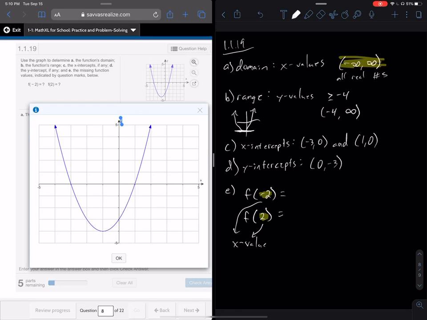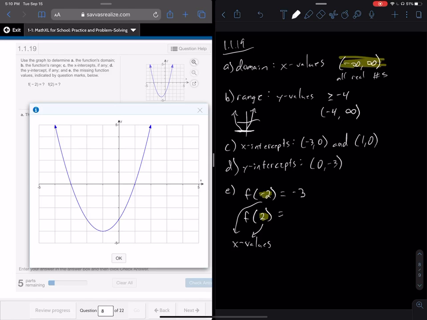They want to know when x is -2 or x is 2, what is y equal? If x in the first one is -2, you would look at your graph, go over to -2, and then go down until it intersected it. You're going to intersect at the point (-2, -3). So f of -2 would be equal to -3.